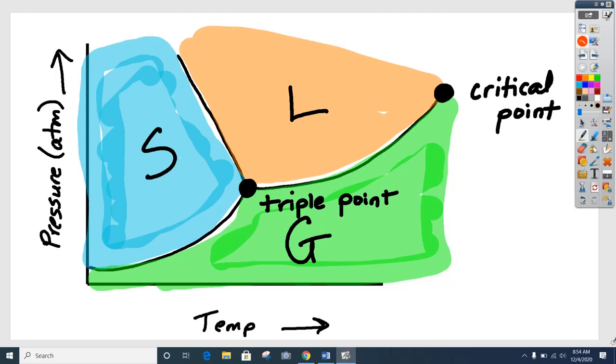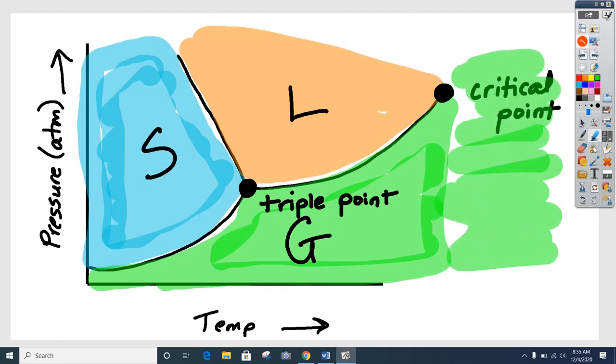There is a point at which the temperature gets so high that the substance can only exist as a gas. So your critical point definition is the temperature beyond which the substance only exists in the gaseous form. Okay, so if you will, kind of beyond that point on your graph, it can only be a gas, is kind of what I'm saying.